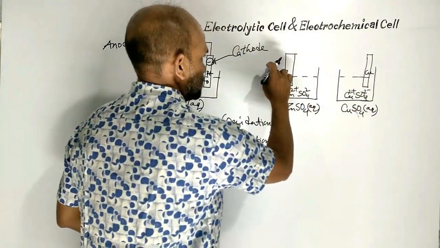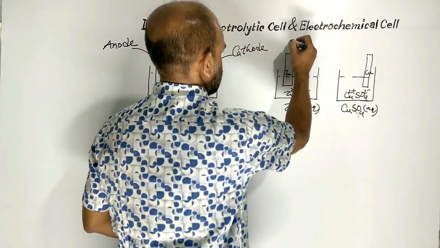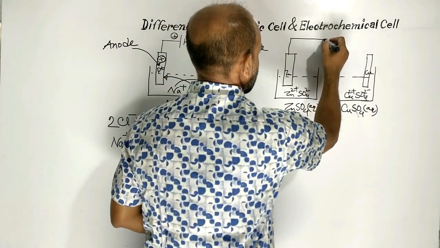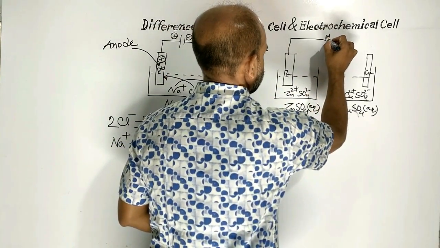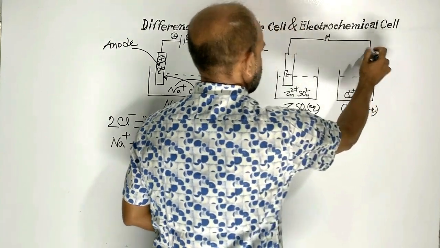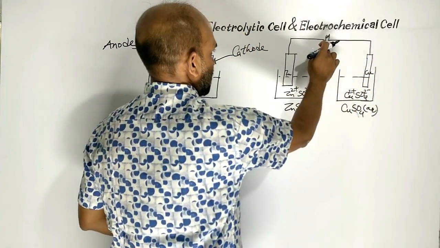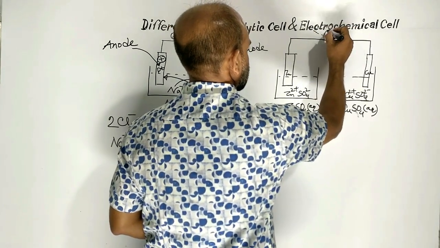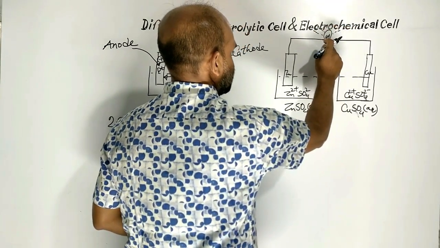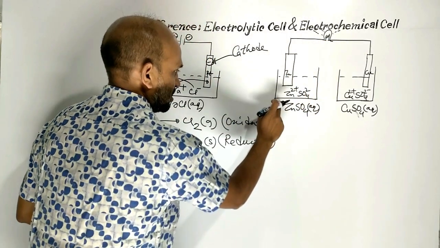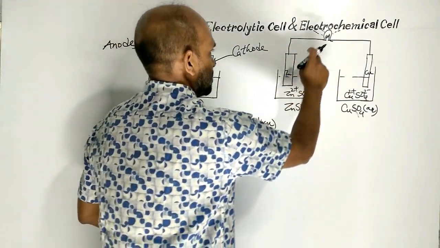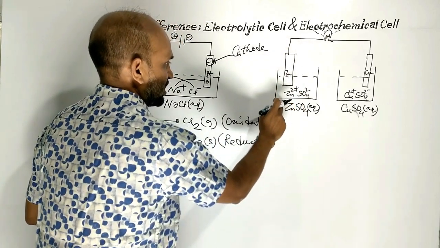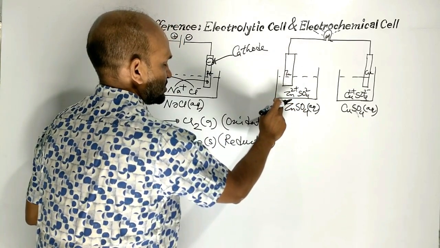Now, these two metallic bars are connected with wire with an electrical bulb that glows, which indicates flow of current. Glowing bulb indicates flow of current, production of current.